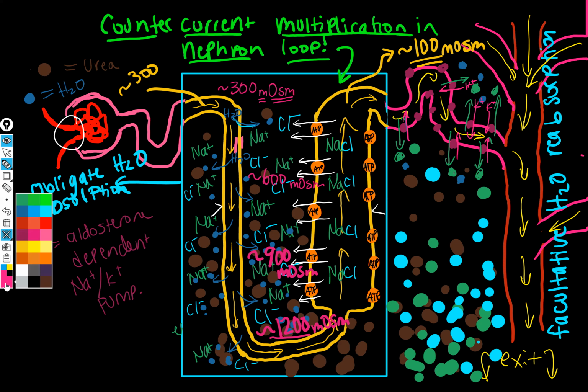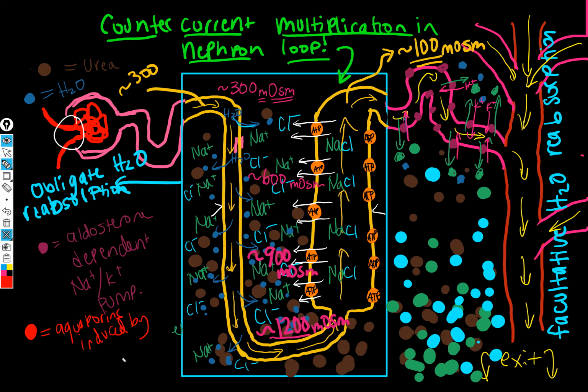So the other thing that happens when the RAS is turned on is we get antidiuretic hormone inducing the expression of aquaporins. And aquaporins just mean exactly what they sound like.